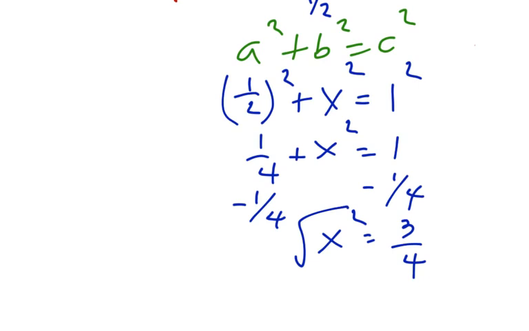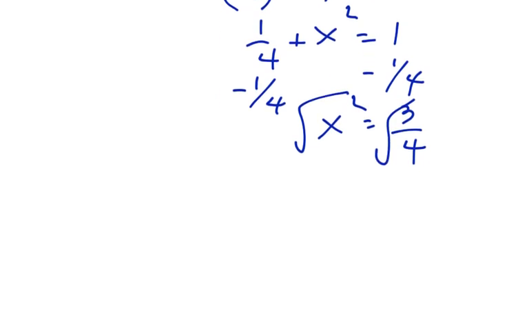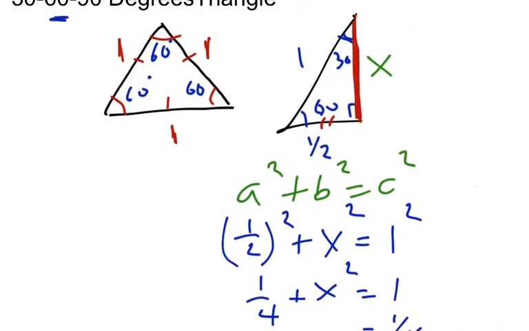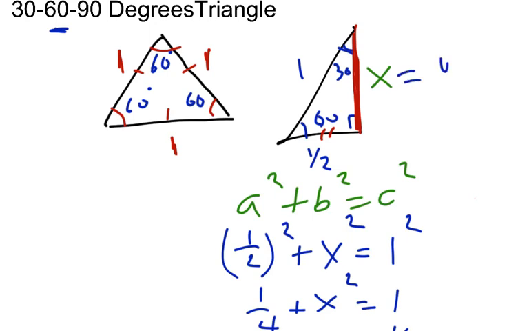I need the value of x, so I take the square root, and x equals square root of 3 over square root of 4, which is square root of 3 over 2. That's the value of x. So let me go back to it, and this is square root of 3 over 2.